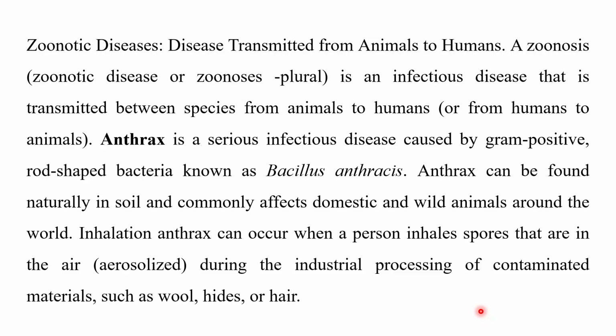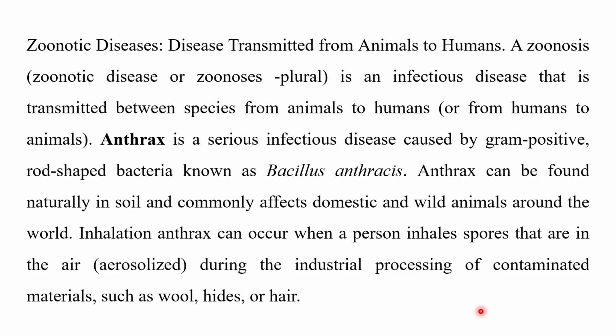So, anthrax can be found naturally in soil and commonly affects domestic and wild animals around the world. Inhalation of anthrax can occur when a person inhales the spores that are in the air during the industrial processing of contaminated materials such as wool, hides or hair. So, these Bacillus anthracis produce spores, and their spores can be dispersed in the air in aerosolized form.